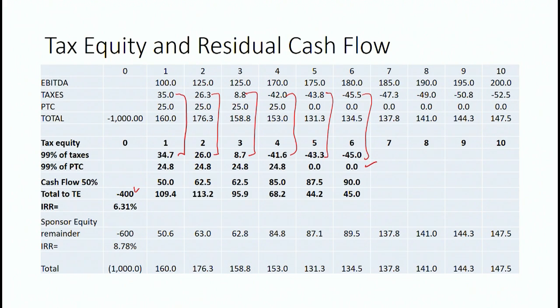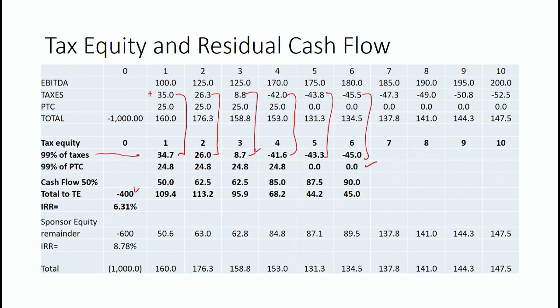What this means is that with the 99% of the taxes, the fact that taxes are positive up here means there's a tax shelter available, because of the negative EBIT associated with it. So what we wind up with is positive, positive, positive here, and then they start paying the taxes.